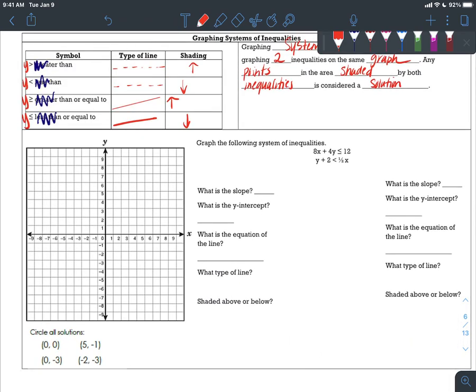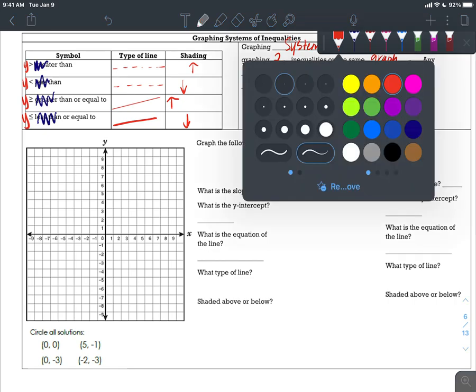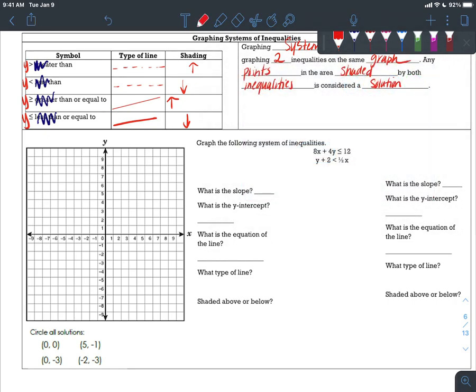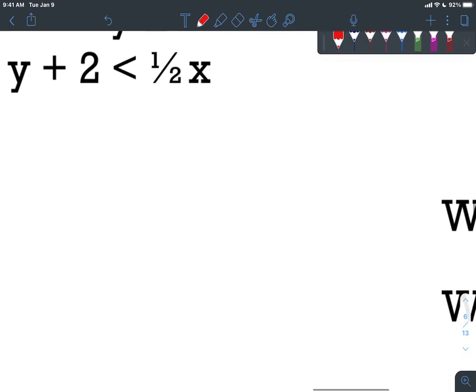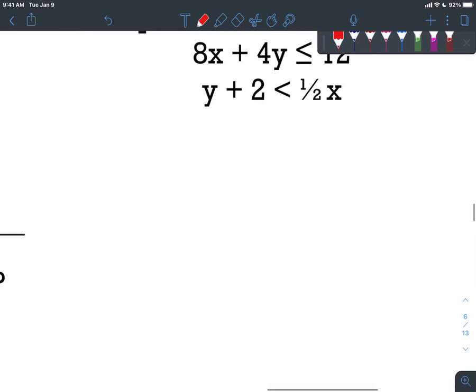All right, so let's go ahead and take a look at these. Here they gave us two separate equations so that they want us to go ahead and rearrange, do whatever, and go ahead and plot them on the graph. So first thing that I want to do whenever I'm dealing with this is I want to pick one of the equations to start with.